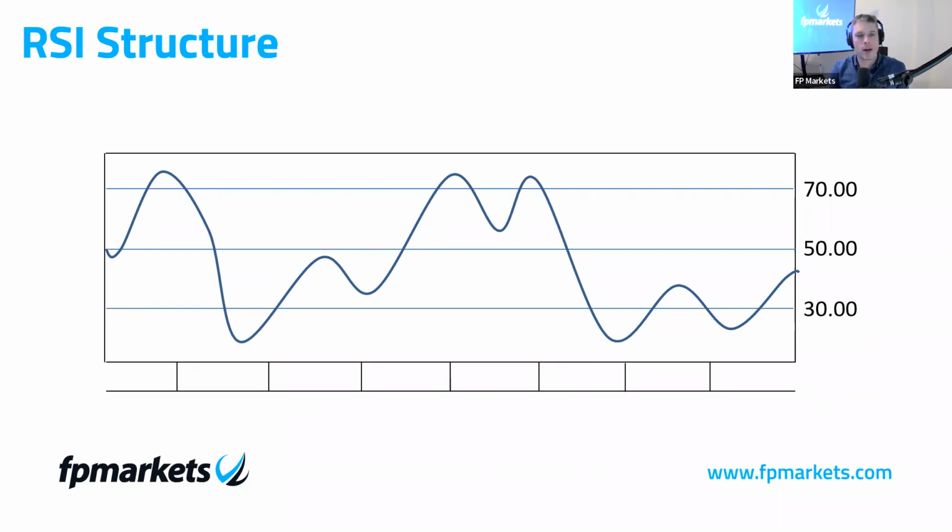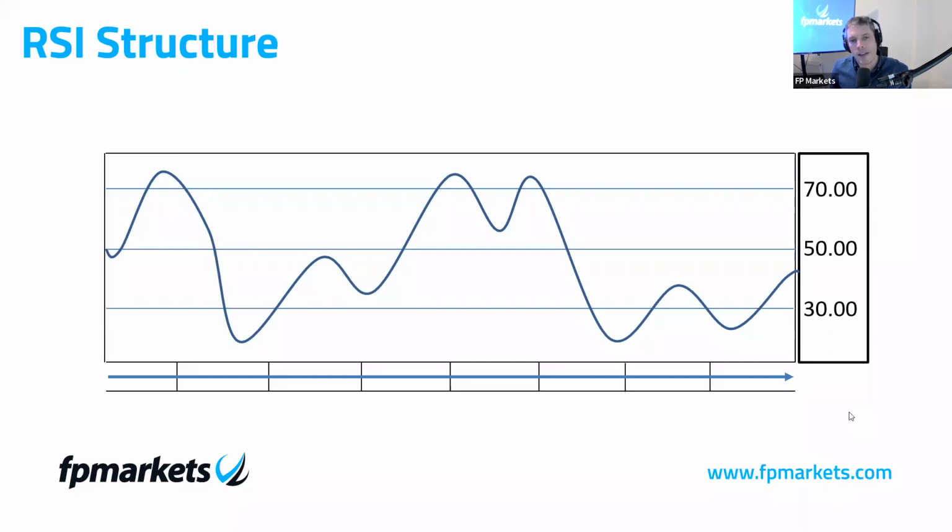The basic framework of the indicator, as you can see, consists of an x-axis, which represents the time scale. And to the right, we also have the y-axis, which represents the magnitude or distance the indicator has moved.